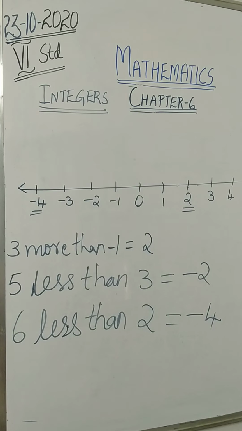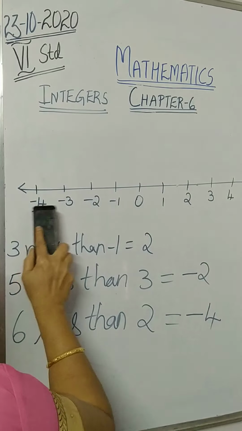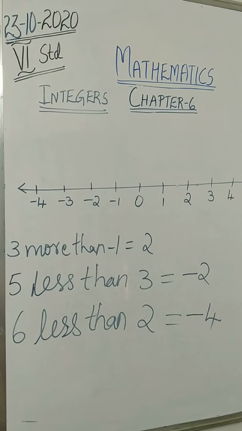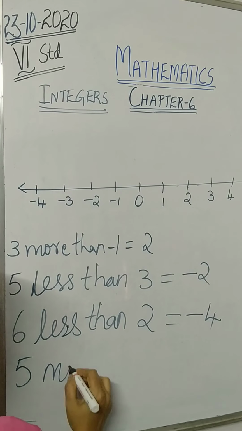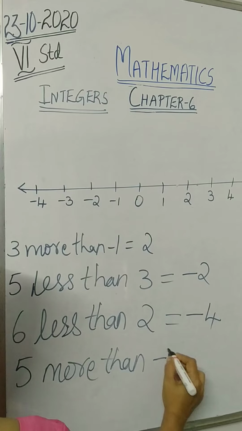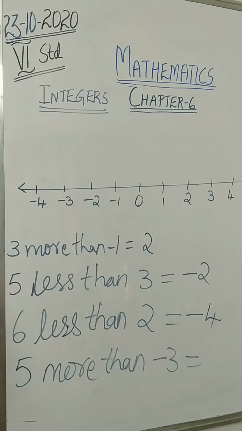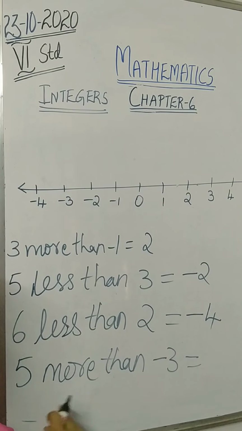Let us see the next one. Let us see how much is 5 more than minus 3. 5 more than minus 3. So from minus 3 we will have to count to the right side because it is more.